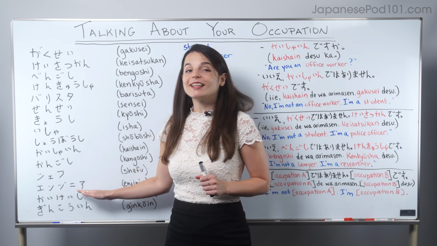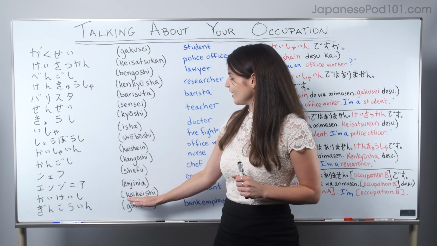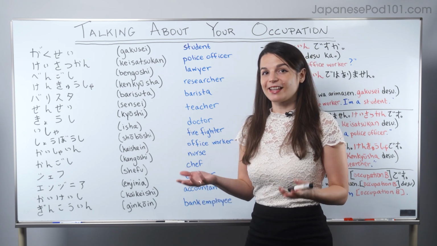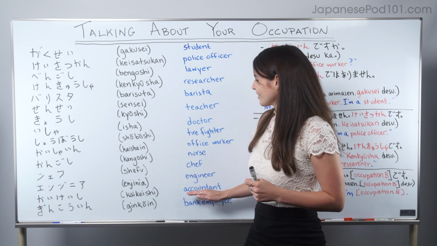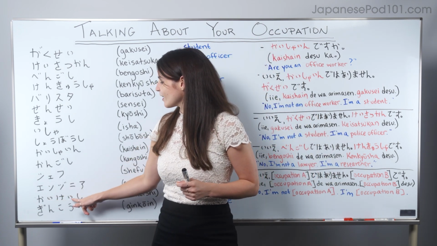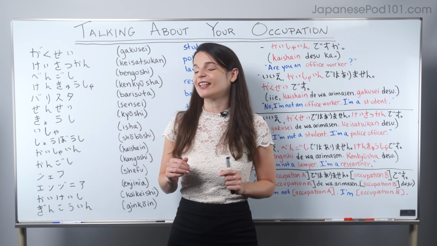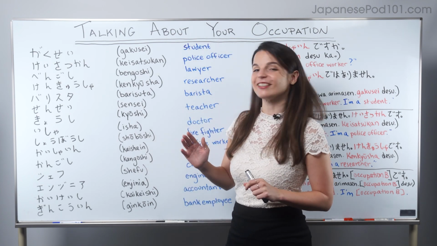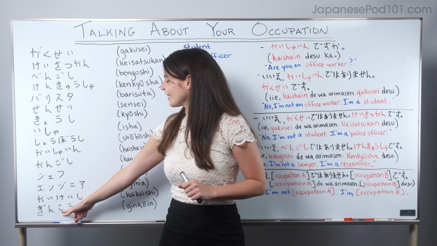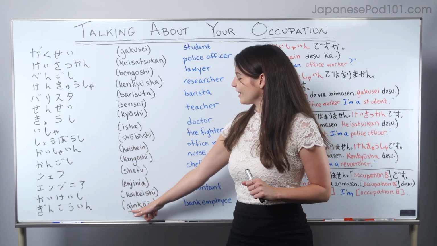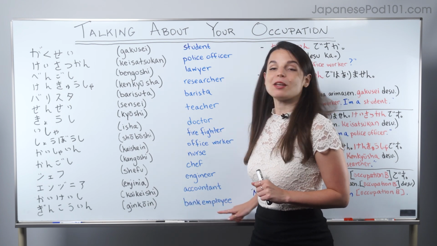kaikeishi. This one, kaikeishi, means accountant. This word has these E sounds as well. Don't forget to pronounce those clearly. Finally, our last word here is ginkoin, which means bank employee.